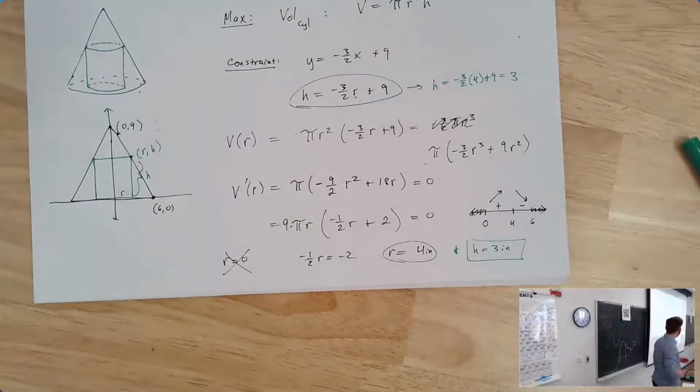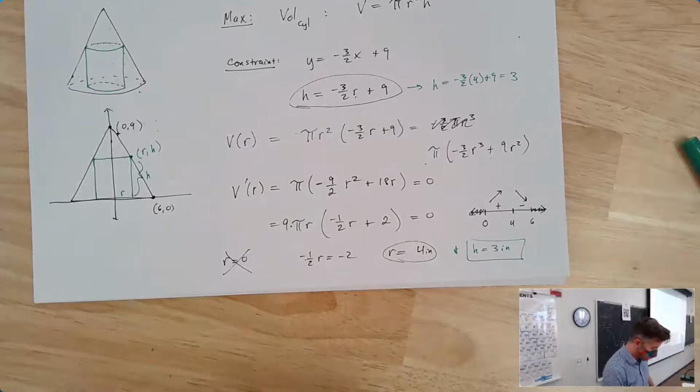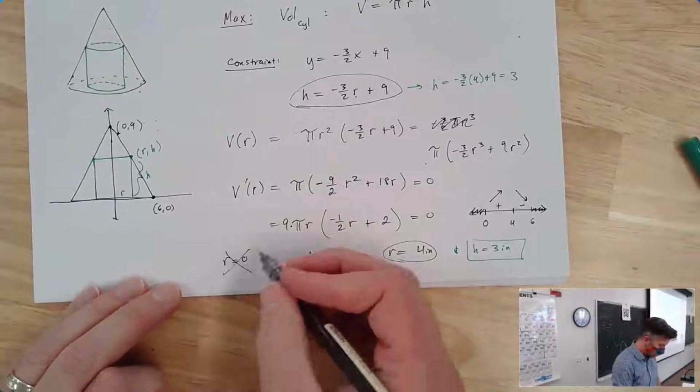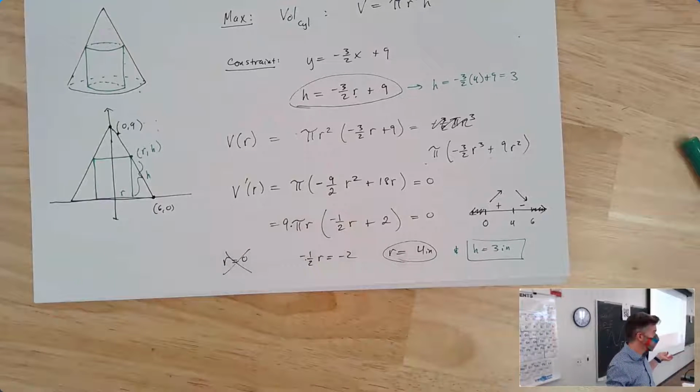You know when we factor the 9 pi r outside? I noticed in some problems, they would set the 9 pi r equal to 0, and then the inside to 0. Would it mean that r also has a possible value of 0? Yes, and so I didn't show the work for that, but I definitely did do that. So I got r equals 0 here, and then I crossed it out because we know that a radius of 0 isn't going to give us the most volume.